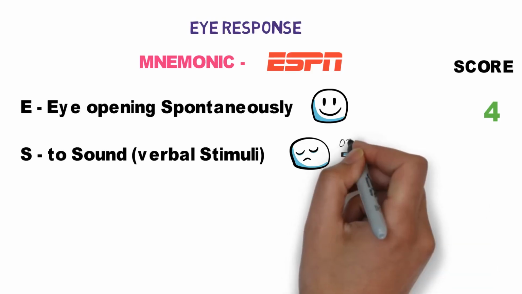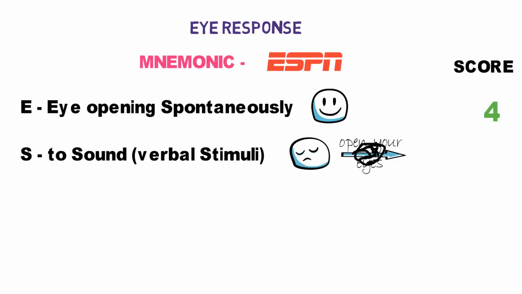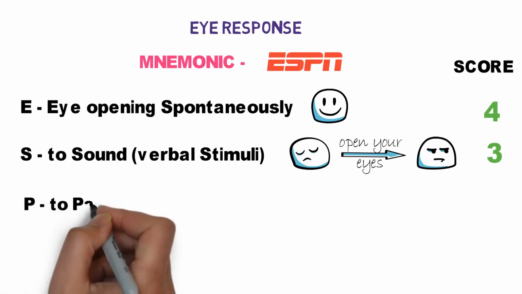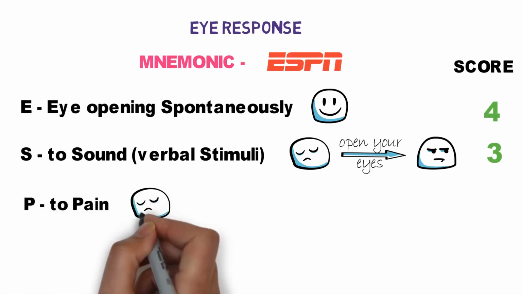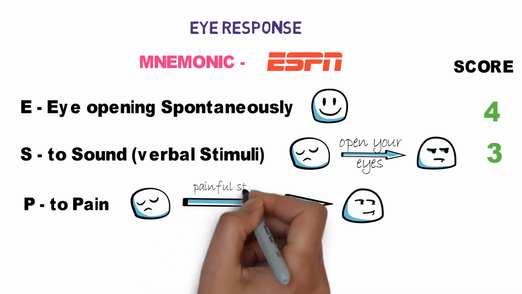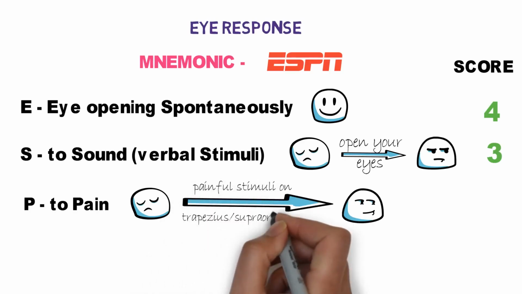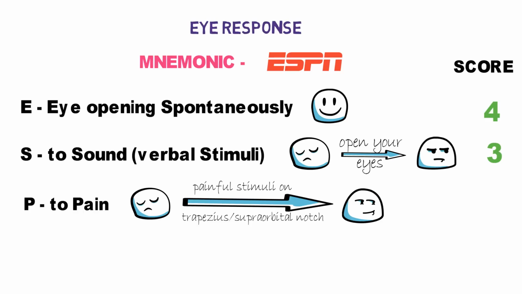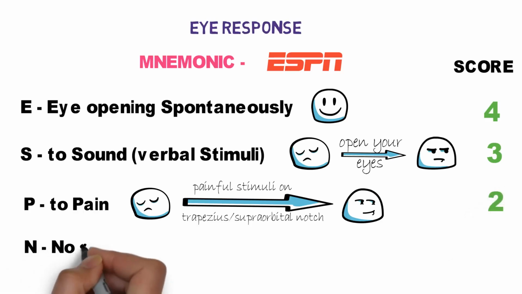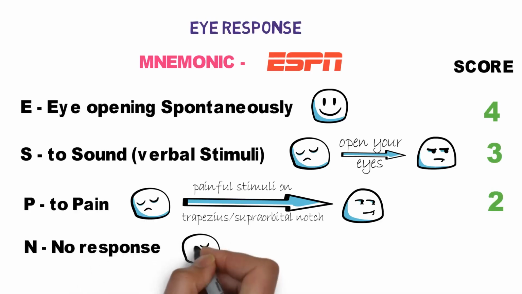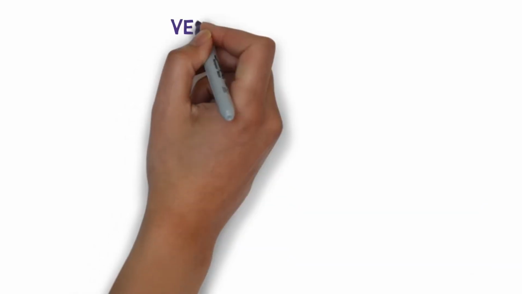If on calling or asking to open the eyes, patient open eye, then eye score is 3. P for pain. If patient open eye on giving painful stimuli, that is on pressing trapezius or supraorbital notch, then eye score is 2. And if there is no response, then eye score is 1.